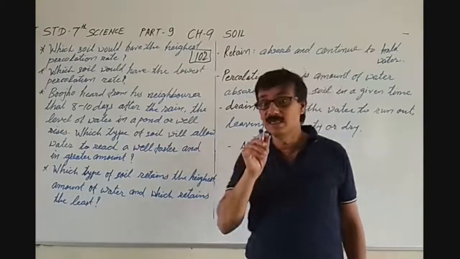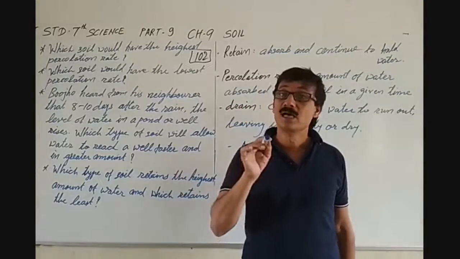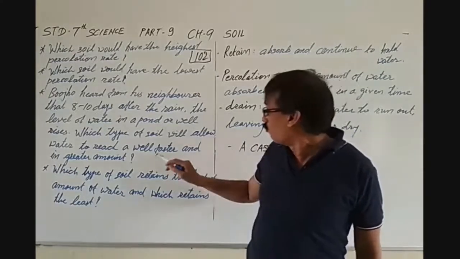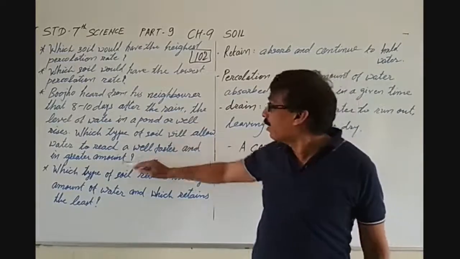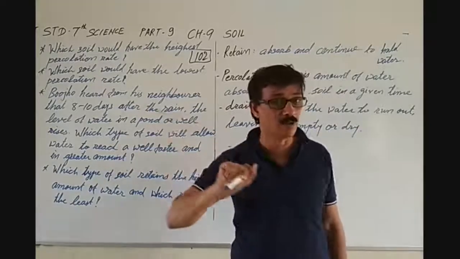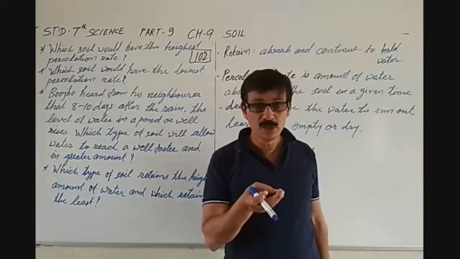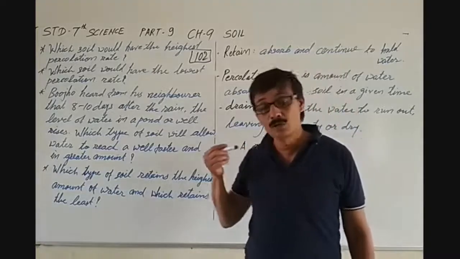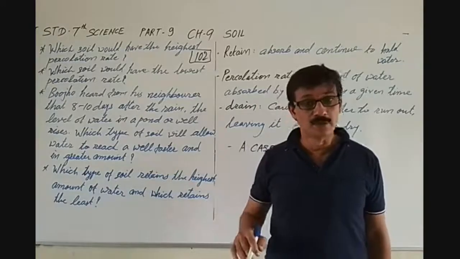So if there is sandy soil, and next to that loamy soil, then those soils will allow the water to reach a well faster and in greater amount. Okay, so sandy soil and loamy soil will allow the water to reach the well faster than the clay soil.